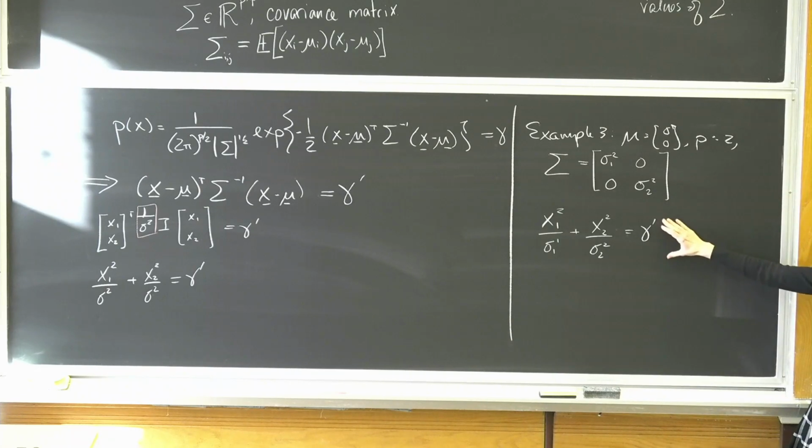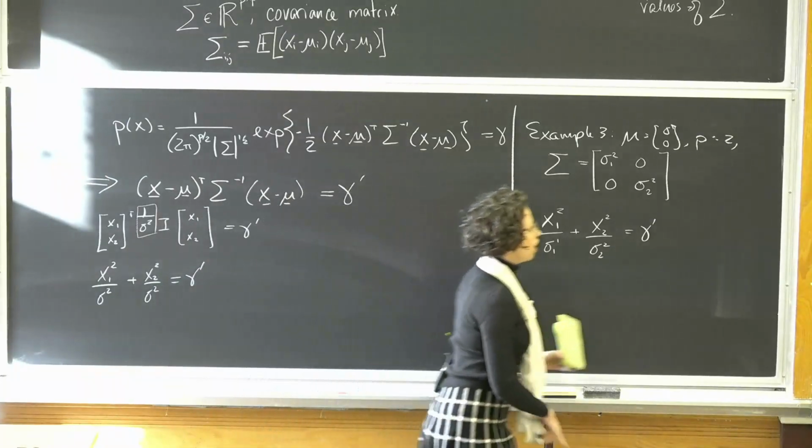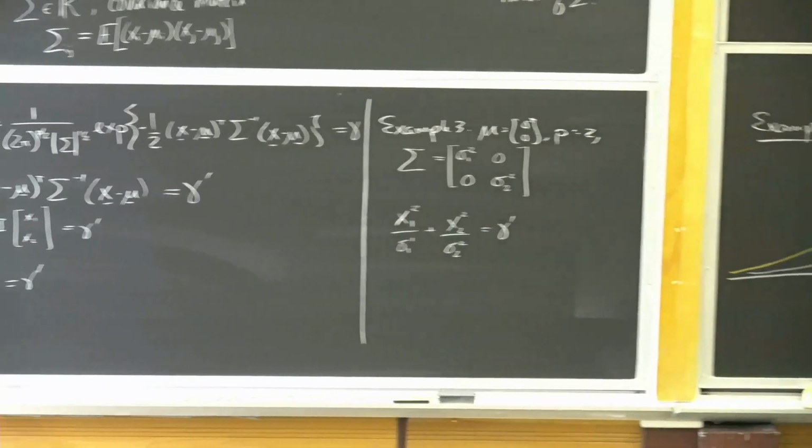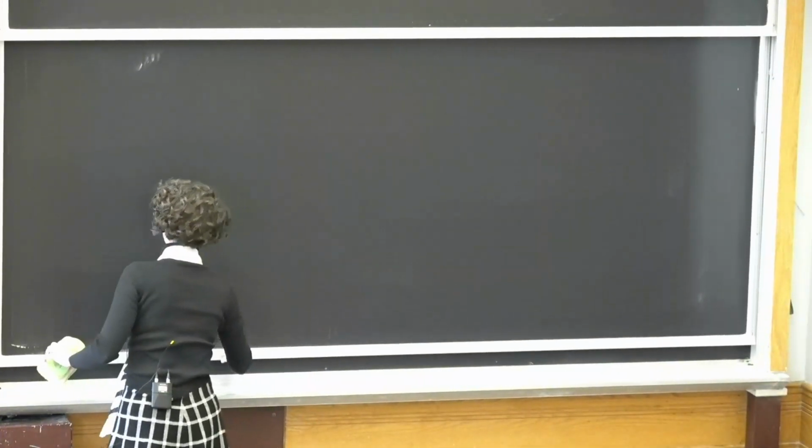So what's this an equation for? An ellipse, exactly right. So now, if we were to draw the contours of this distribution function, we will see a bunch of ellipses.